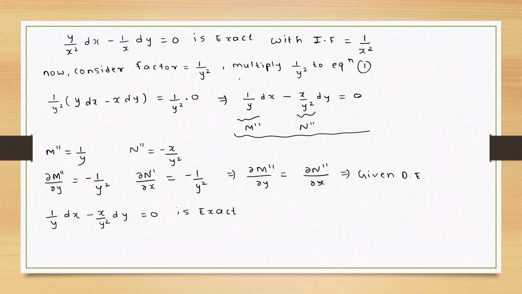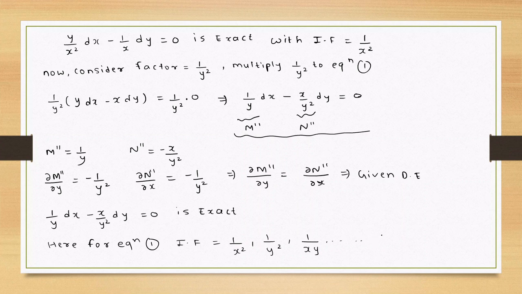So here we have shown that for a particular differential equation, we may have more than one integrating factor. For equation 1, the integrating factors are 1 upon x square, 1 upon y square, and similarly 1 upon xy. We can find another integrating factor also.